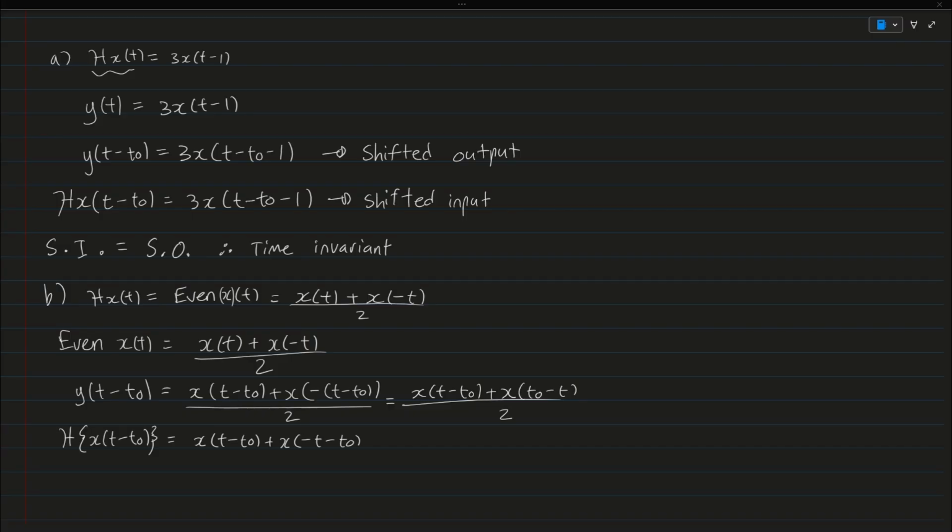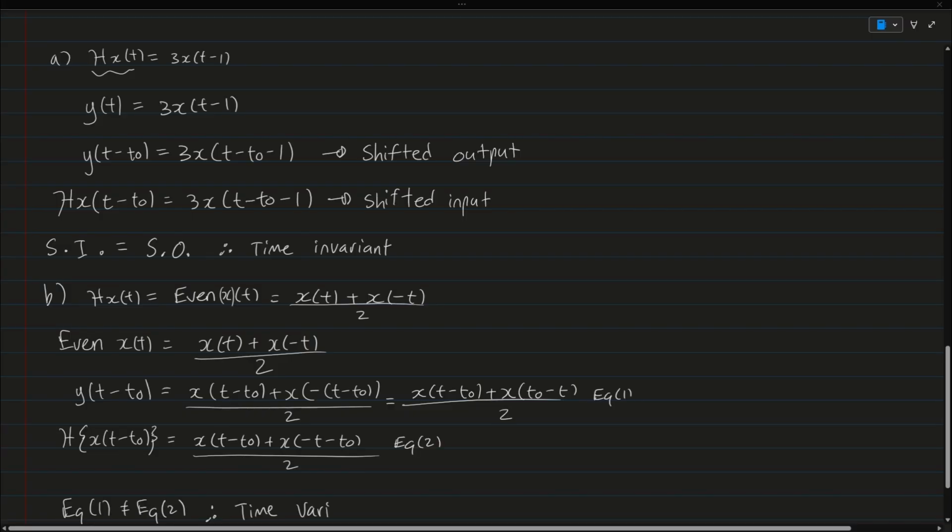So this is our equation 2, and here is our equation 1, and we can see that equation 1 does not equal equation 2. So the system is time variant, or you could say not time invariant.